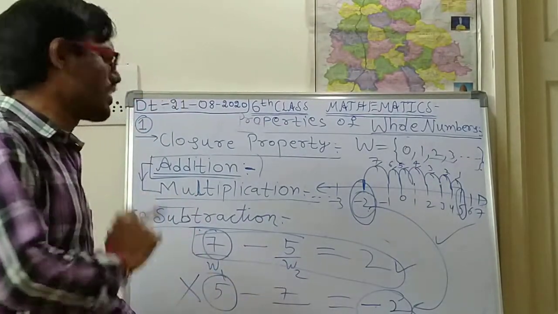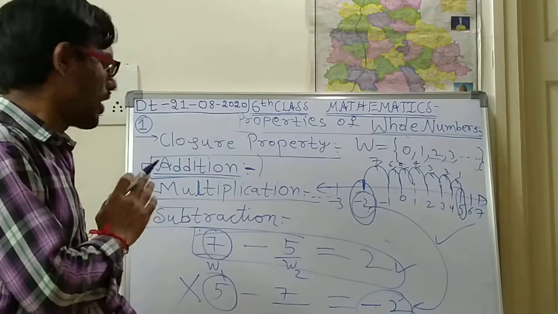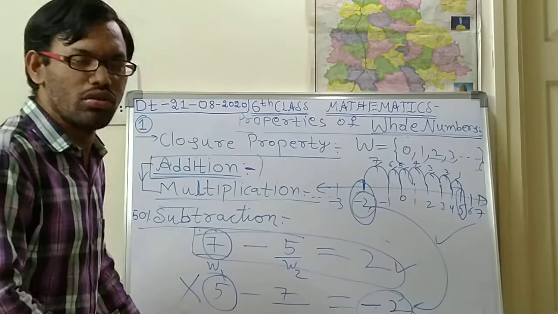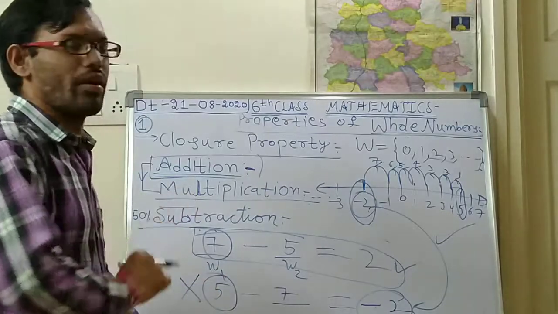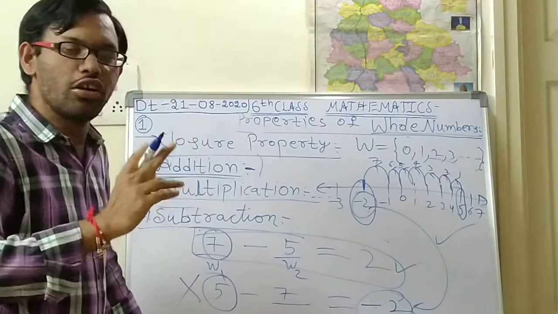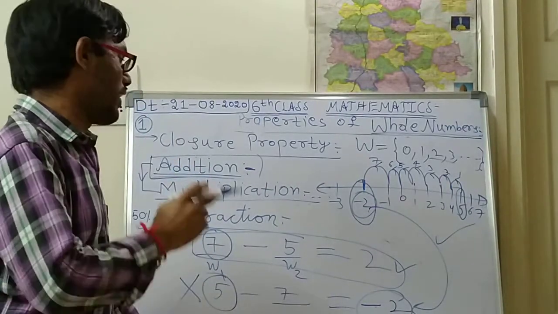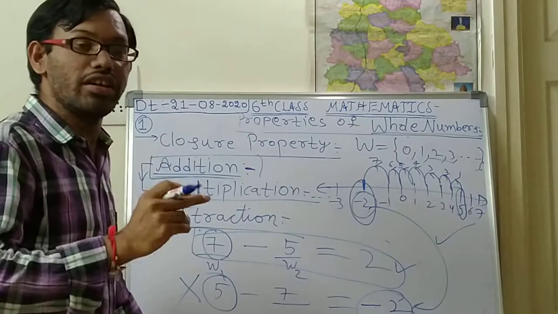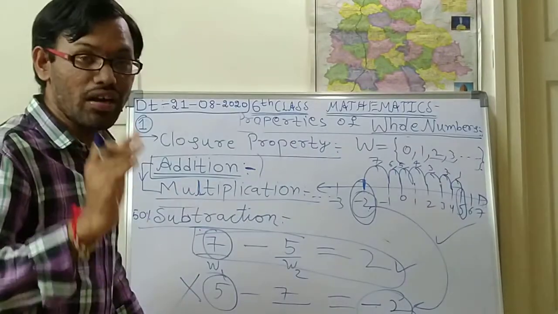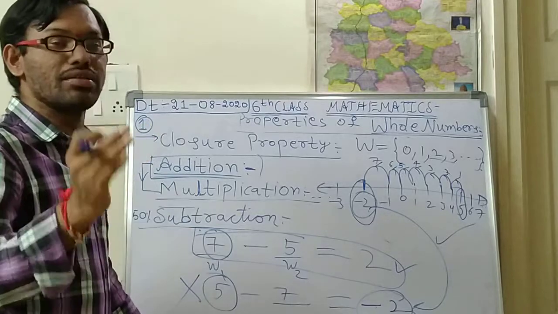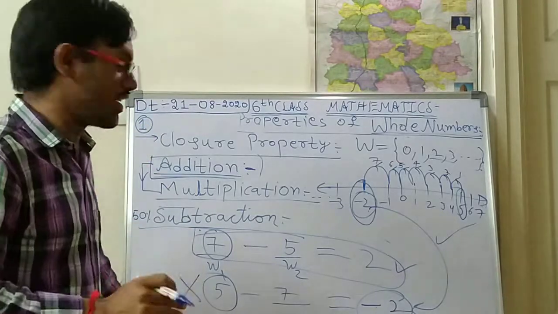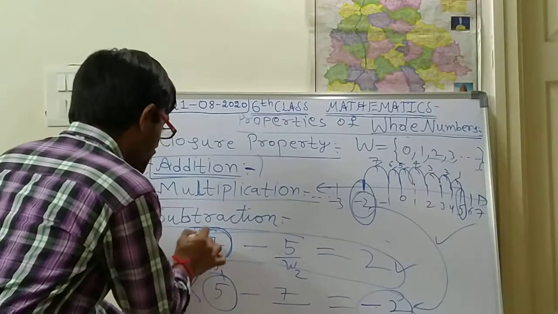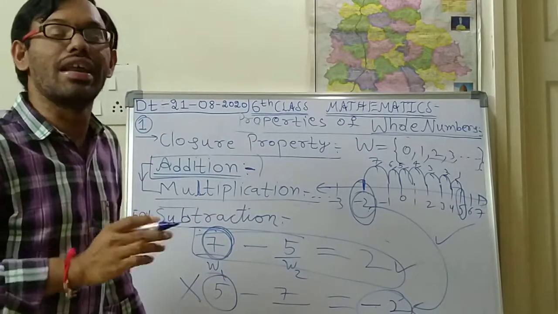Here the statement is: if A and B are any two whole numbers, then A minus B is a whole number on condition that the first number is a greater number.